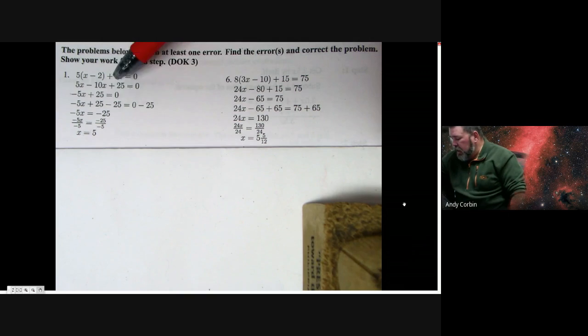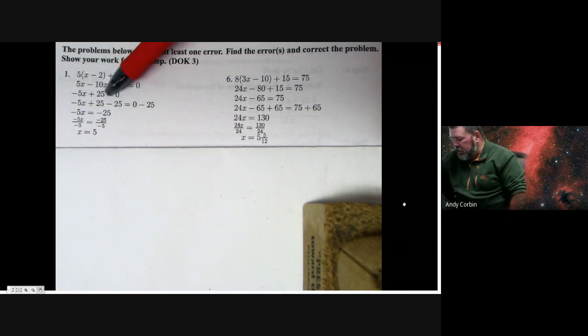So when we multiply here to get this out of jail, that is a distributive property. It's going to be 5 times 1x gives me 5x, and then 5 times -2 should be just -10, right? Yes, sir. You're right. So again, the x is your problem right here. That's where they messed it up.